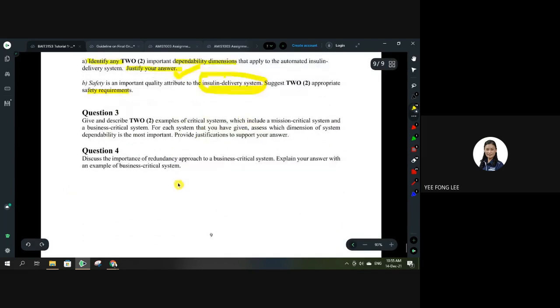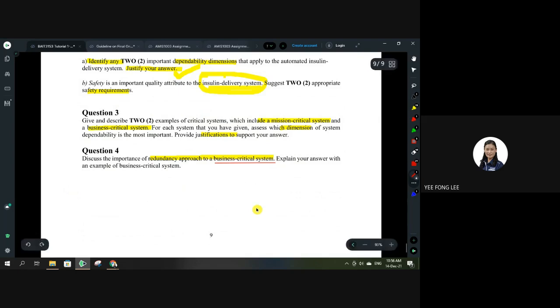Question number 3. Include mission critical system and business critical system. After that, provide dimension and justification. Question number 4, importance of redundancy approach to business critical system. Before answering this question, you need to find out examples of business critical systems. Find the one that you are more familiar with.